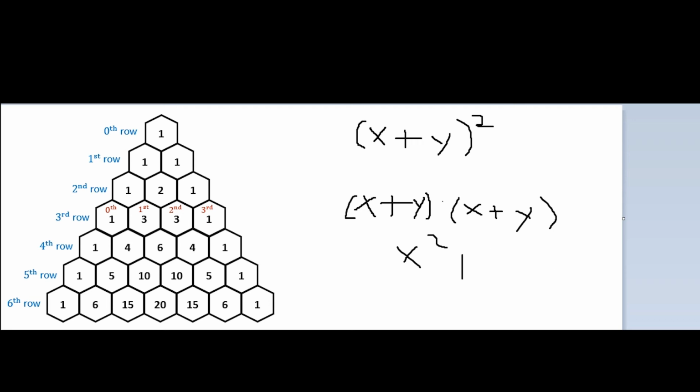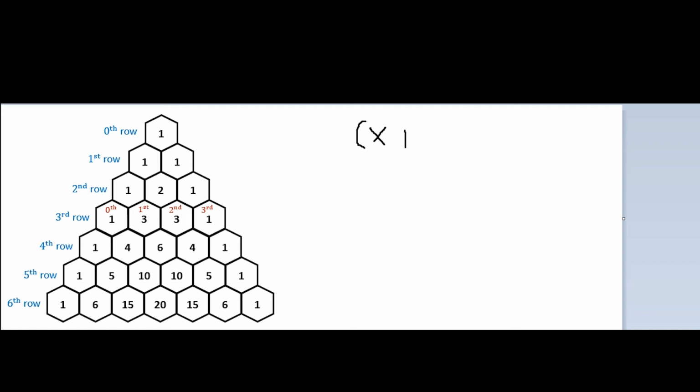So now what we're going to do is look at what happens if instead of x plus y squared, we do x plus y to the 4th power.